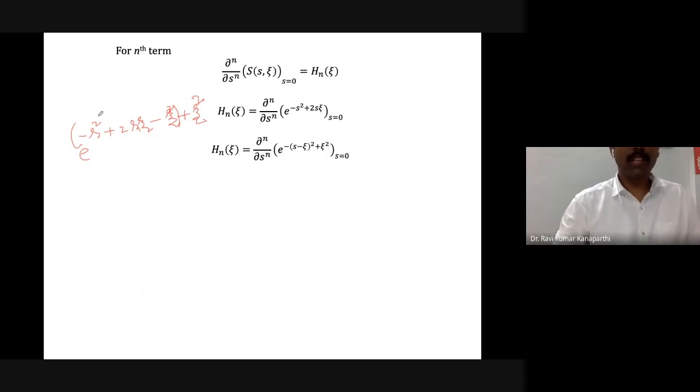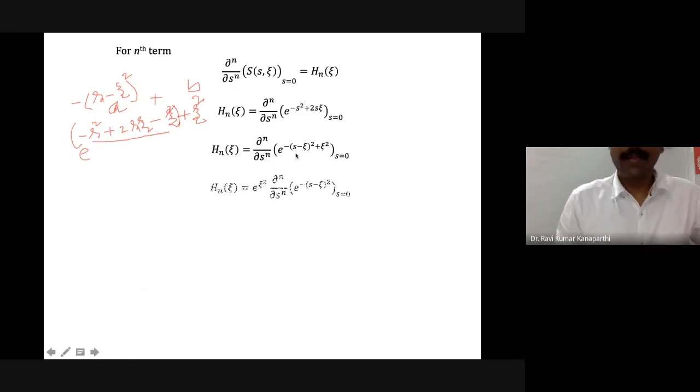This is like a and this is b. So e to the power a plus b can be written as e to the power a multiplied by e to the power b. That's the reason I'm writing this. And these three terms are nothing but minus of s minus z whole square. You can do the reverse calculation and you will get that.